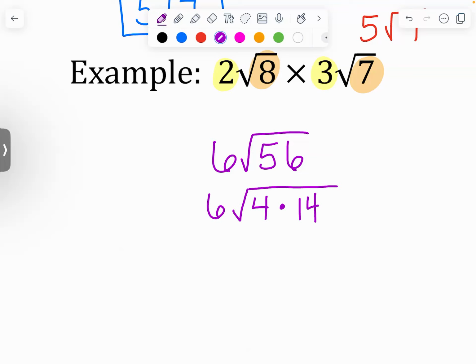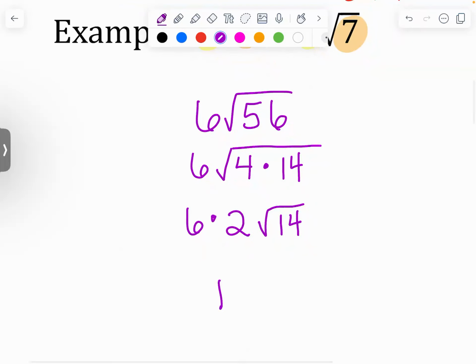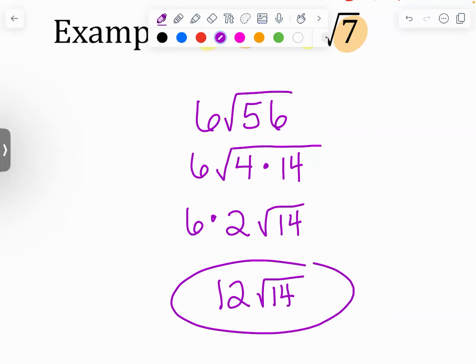Since we know that the square root of 4 is 2, if we write the square root of 56 as 2 square root 14, this becomes 12 square root 14. So we multiply outside together, we multiply inside together.